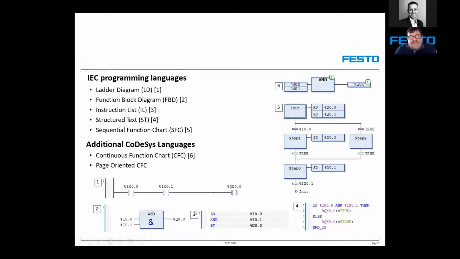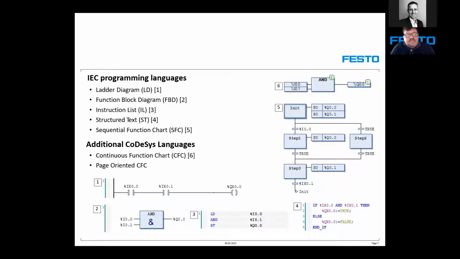Then structured text is number 4, but those are the two that I'm going to concentrate on, number 1 and number 4. The rest is, for example, number 3 is your instruction list, number 5 is what we refer to as sequential function chart, and number 6 is continuous function chart.